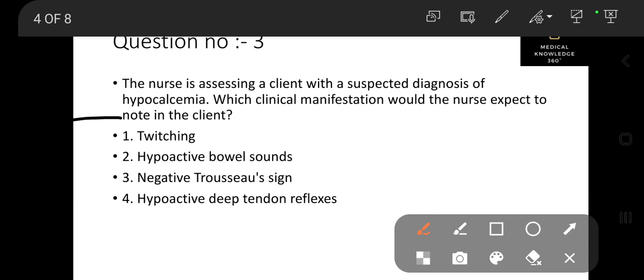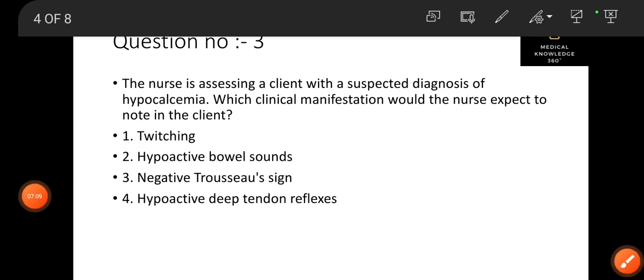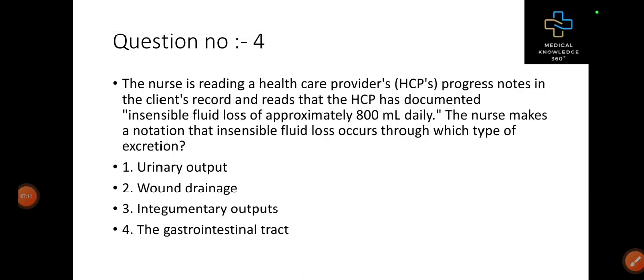Also, gastrointestinal symptoms including increased gastric motility, hyperactive bowel sounds, abdominal cramping, and diarrhea. So, these are some of the common signs which we observe in a patient with hypocalcemia. Of the options given, only twitching shows the patient has hypocalcemia, which the nurse would expect in this client.